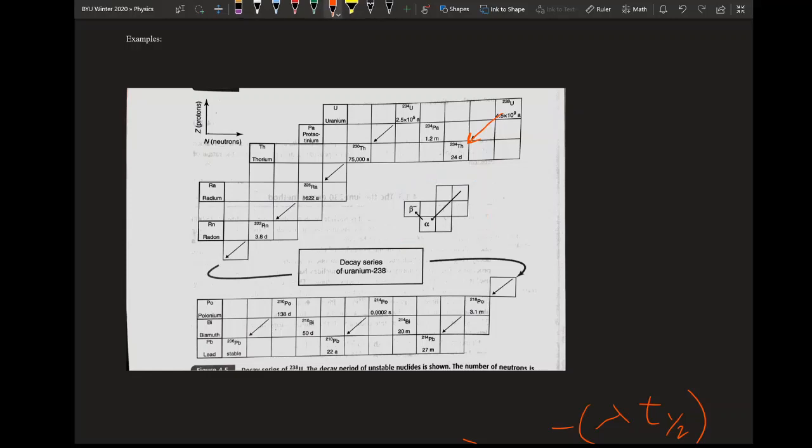But remember, if you look in this corner, the y-axis is protons and the x-axis is neutrons. And so if you come over by 2, what you're saying is you are losing 2 neutrons.